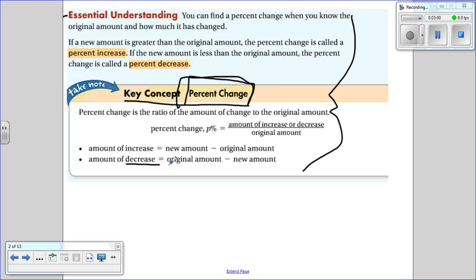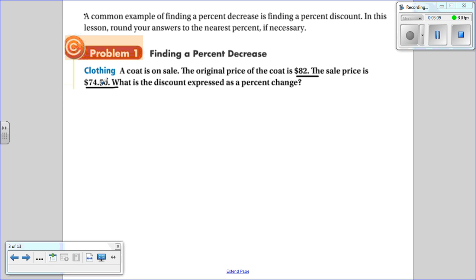And when it's a decrease, we want to take the original amount minus the new amount. So the original amount was $82 minus $74.50. When we do that, we get a difference of $7.50.